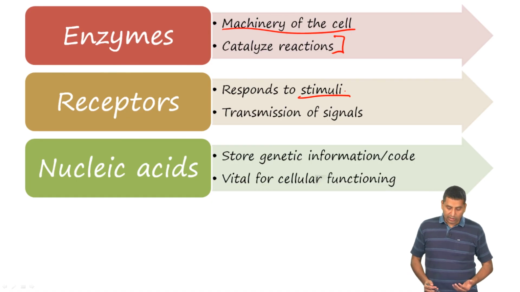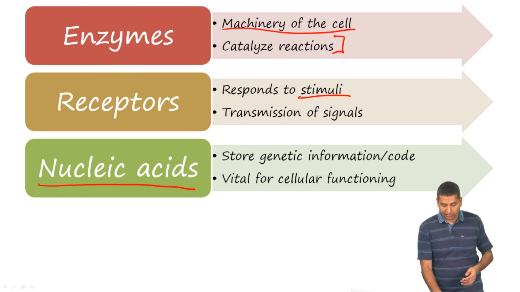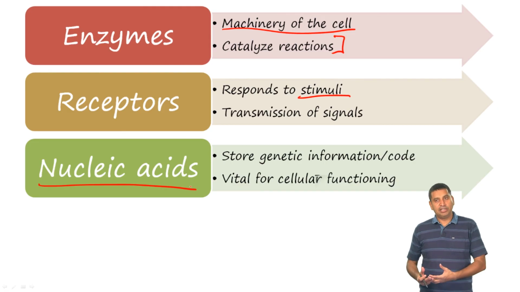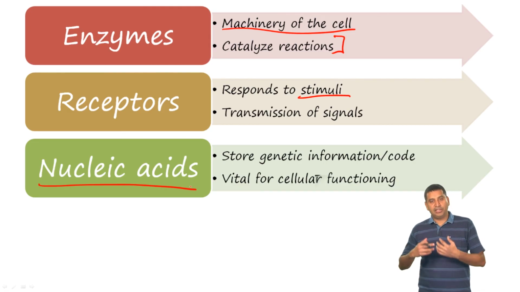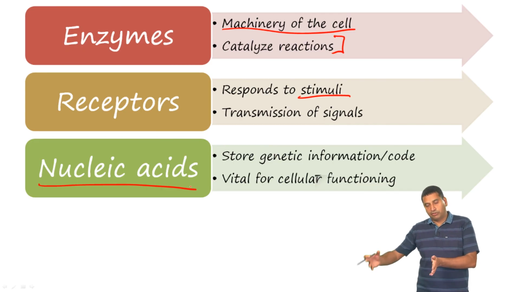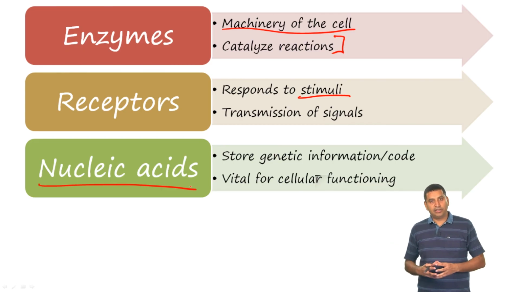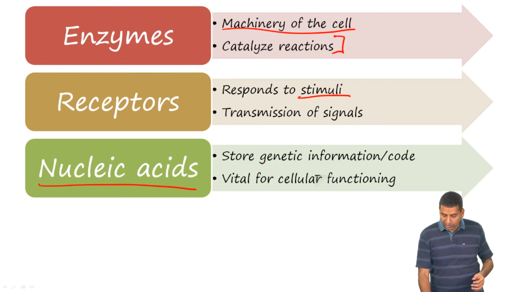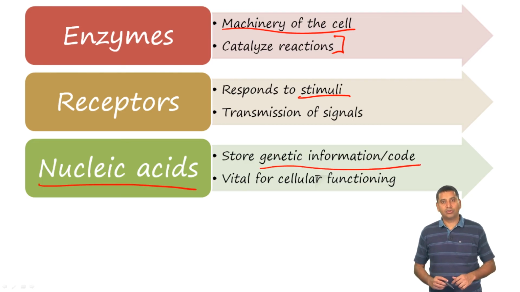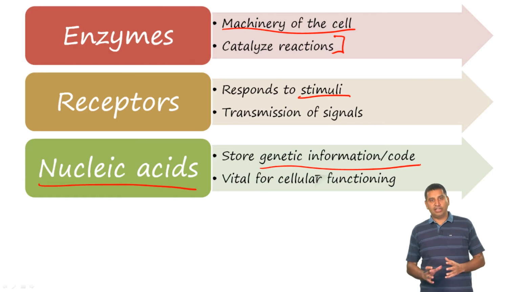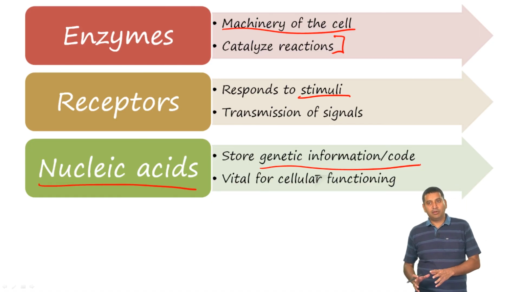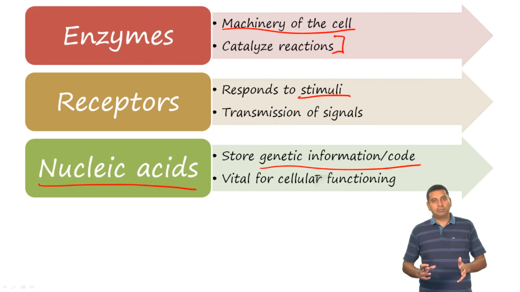And so, here one attractive approach is to target nucleic acids, because in a rapidly dividing cell you need to synthesize DNA, you need to synthesize RNA very quickly, and you need to divide much faster than other cells that are growing. So, here as I mentioned earlier, DNA is a storage for the genetic information or genetic code. So, therefore, these are the three broad ways in which one can develop approaches towards magic bullets.